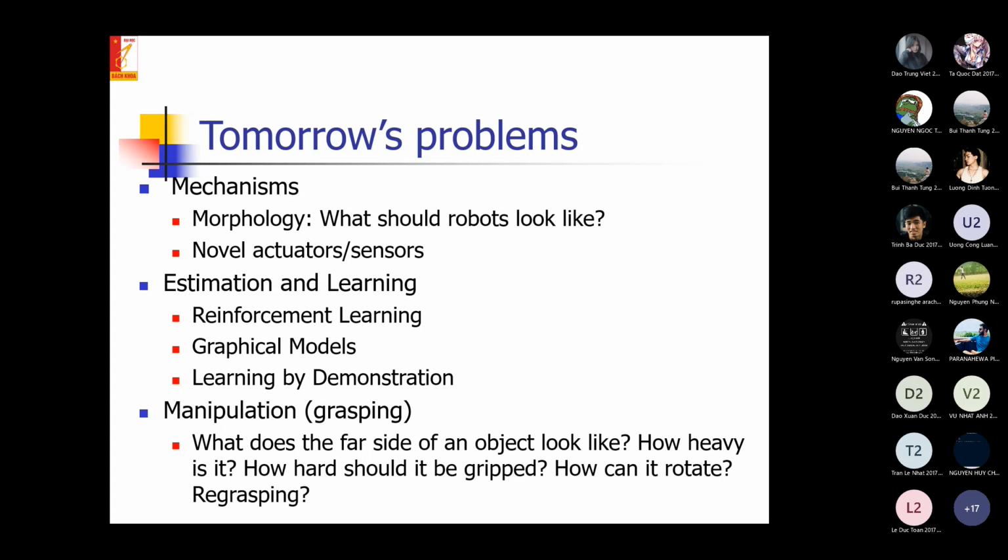What kind of actuators and sensors? And related to the estimation and learning, it can be reinforcement learning, graphical models, or learning by demonstrations.